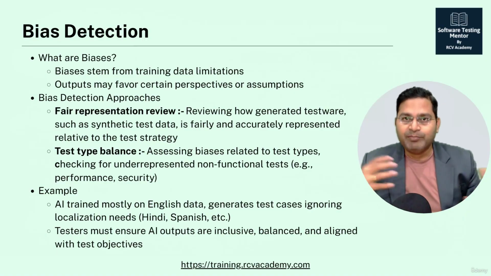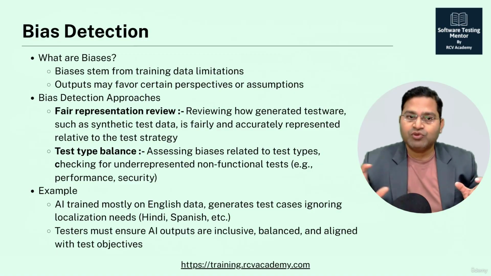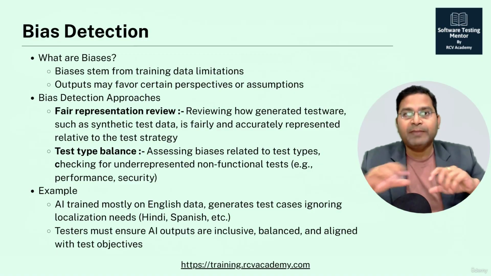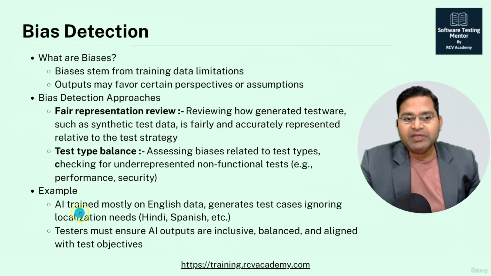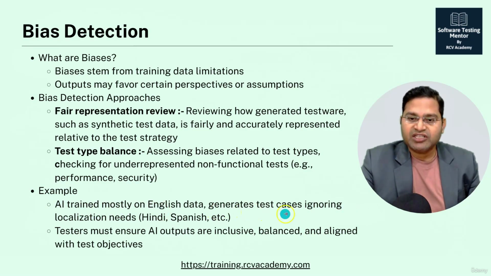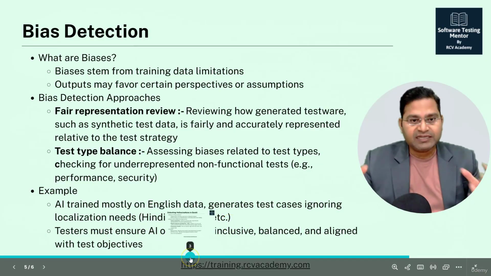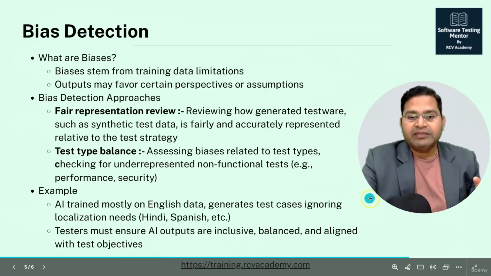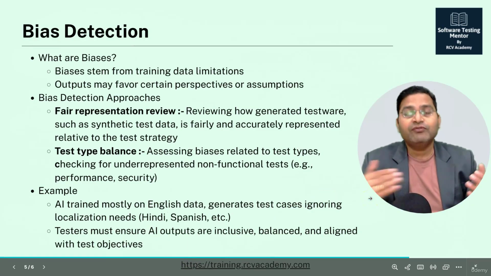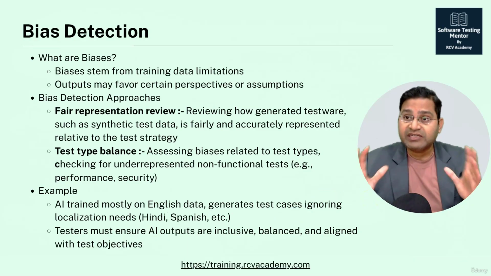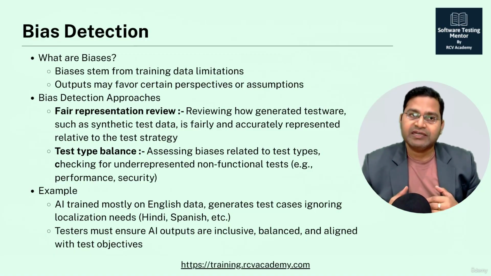So another detection approach is test type balance, or checking the balance of the output. For example, AI trained mostly on English data generates test cases ignoring localization needs. Hindi, Spanish and other languages are being ignored. That's the bias in the model. As a tester, you should ensure that AI outputs are inclusive, balanced, and aligned with the test objective. That's how you are going to detect the bias.